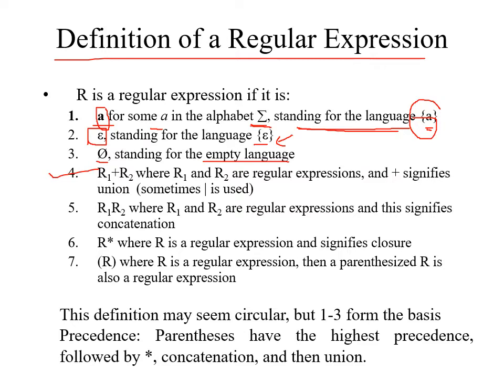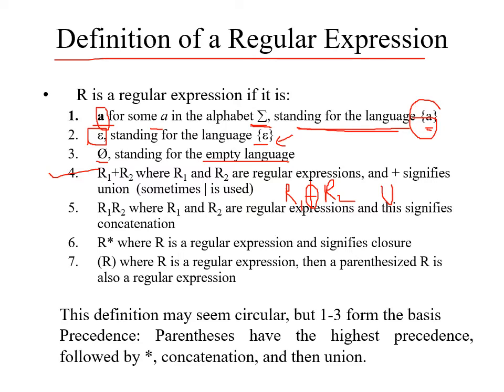Now this is the first important rule. If R1 and R2 are regular expressions, then R1 plus R2 is a regular expression, where the plus operator performs the union of R1 and R2.